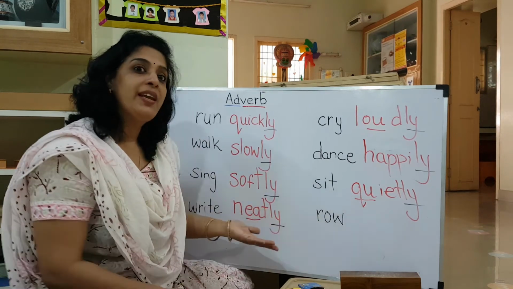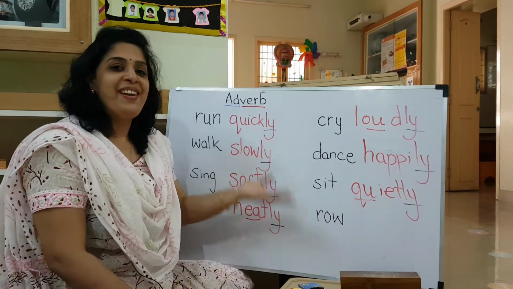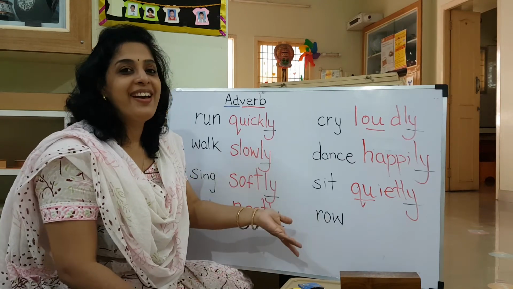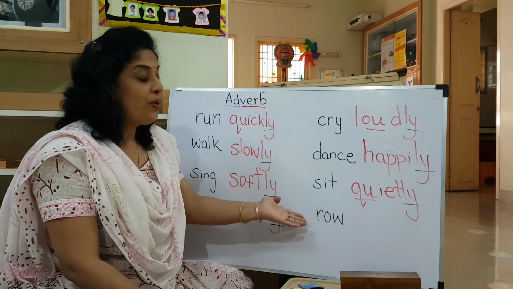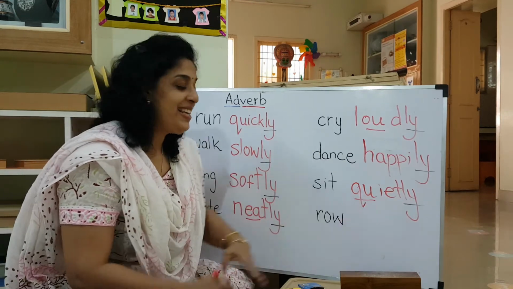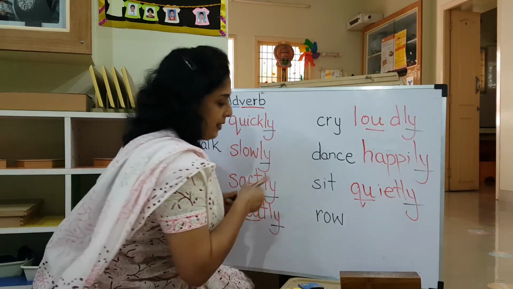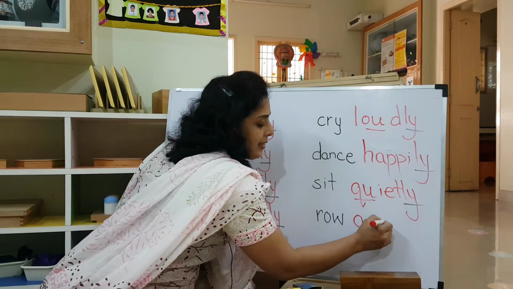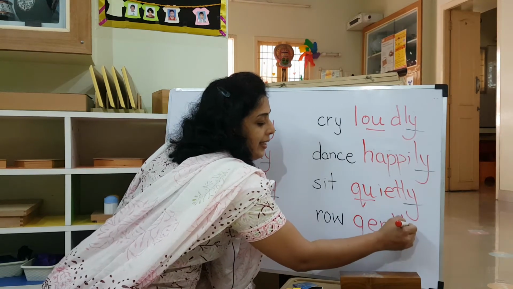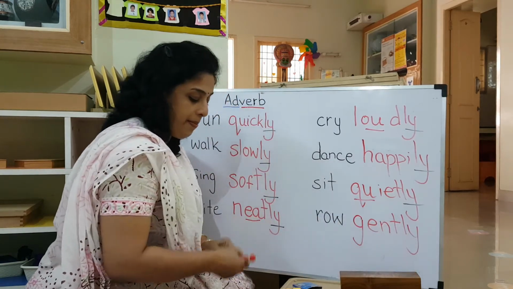Gently. Or you can even say merrily, merrily, merrily, merrily. One more li, right? Which one you want me to write? Gently or merrily? Row, row, row your boat gently. Row gently. Come on. Gently. Okay?